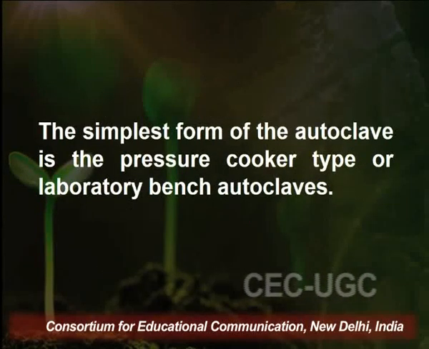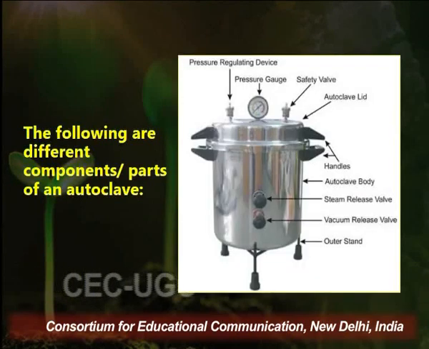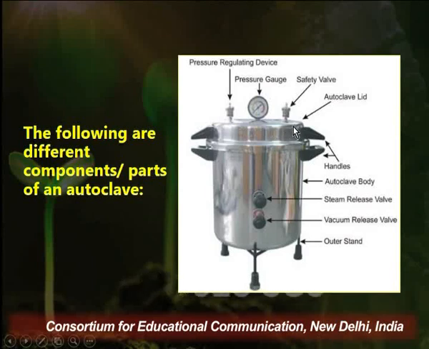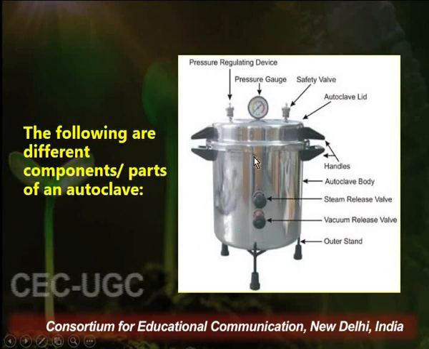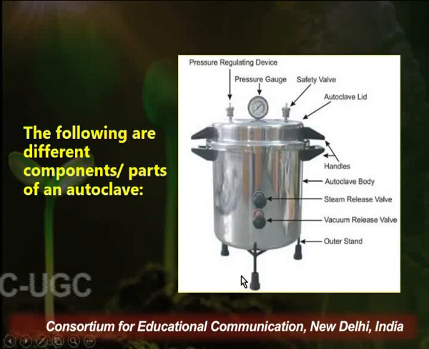The simplest form of autoclave is the pressure cooker type or laboratory bench autoclave. This is one of the simplest autoclaves, also called a bench autoclave. Here we can see basic parts of an autoclave. This is the stand on which that entire structure is put. This is the autoclave body, and on top of this, this is the autoclave lid.